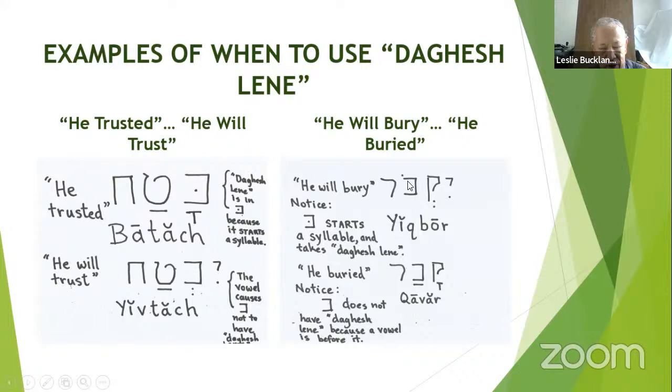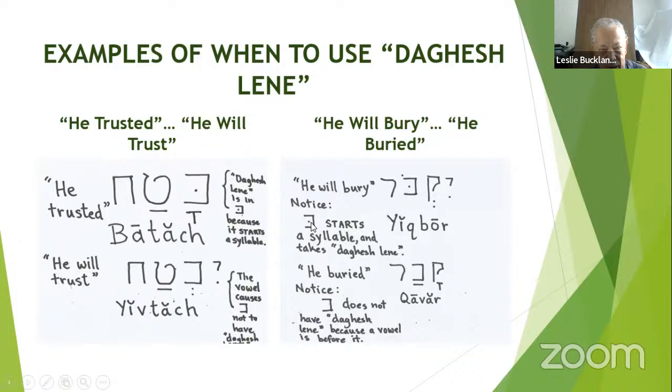The syllable consists of Baith, holem, and resh. This is the second syllable. This is the last syllable of the verb. And it starts a syllable in the middle of a word. So it takes the dagesh lene, yikbor.